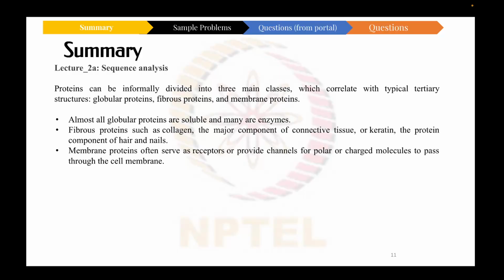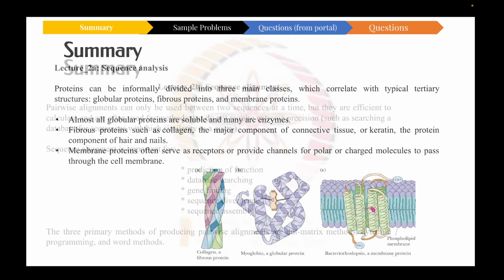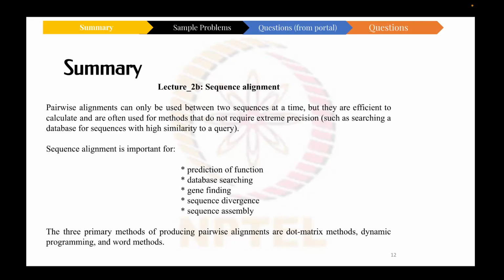In general, when one performs a sequence alignment, three types of conditions are observed: match, mismatch, or a gap, which is the introduction of a gap. A match indicates no change since divergence.